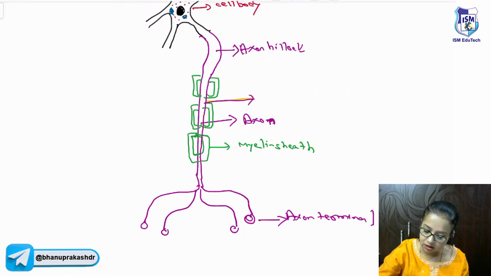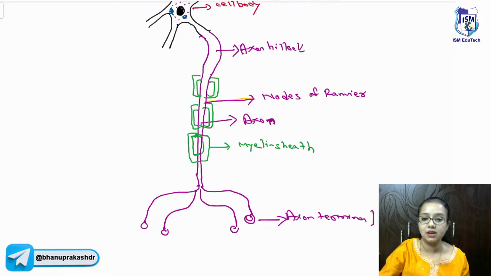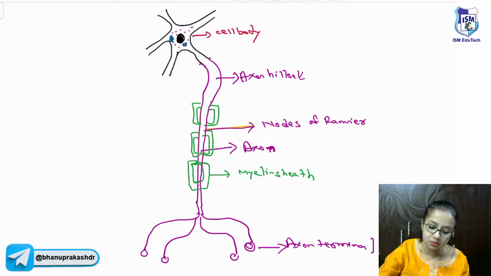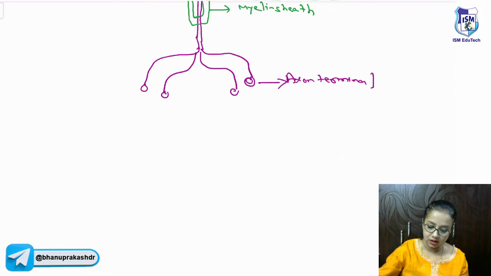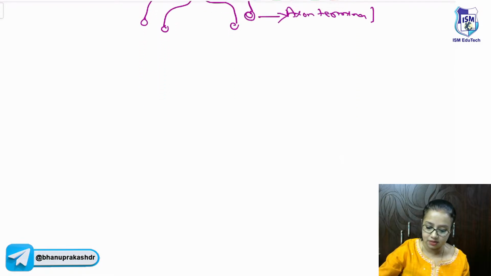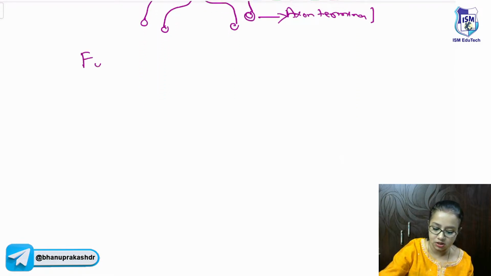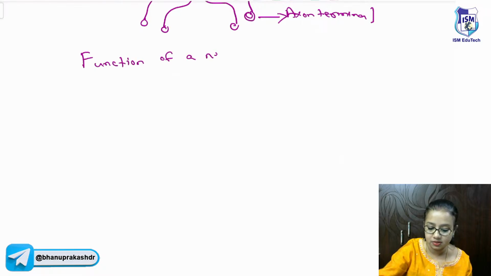These are the nodes of Ranvier. This is how a typical myelinated nerve fiber looks. Now, coming to the function of a nerve fiber.